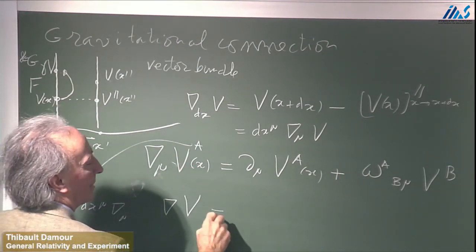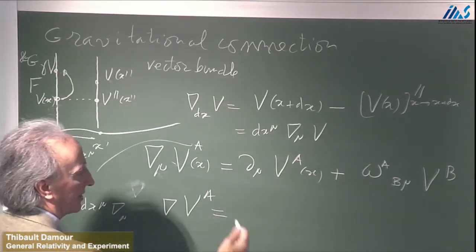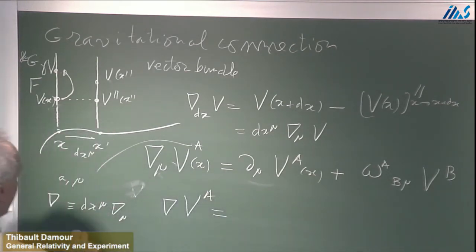So it gives nabla V, which has this index A, is dx mu, d mu acting on something. You know that this is denoted d acting on something. Okay, it's just the ordinary derivative, but it is also the Cartan derivative with the usual technology.